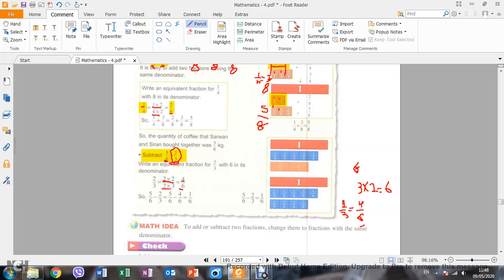Now I rewrite. Look, I have 5/6 minus, you should put down minus, because between these two fractions is minus. Okay, 5/6 minus, instead of 2/3 I use 4/6.